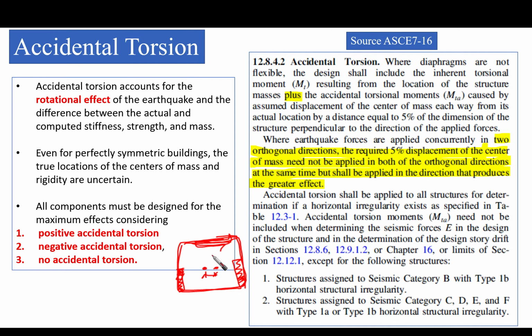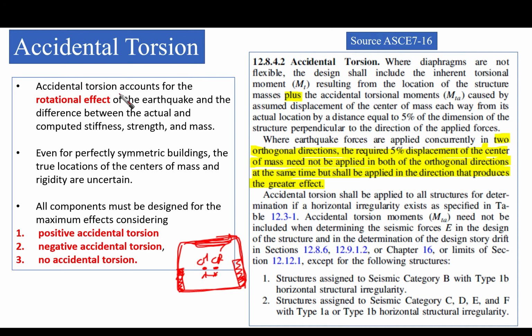Then there is something that we fear, which is that there might be a rotational component of the earthquake ground excitation. Or the position of the center of mass and center of rigidity may not be accurate. So we need to take some accidental torsion into consideration in our calculation.